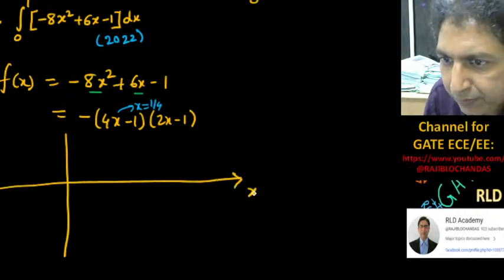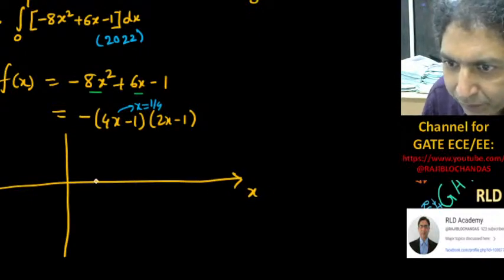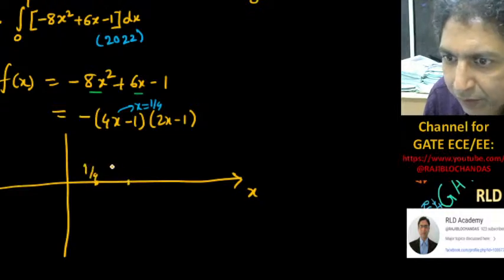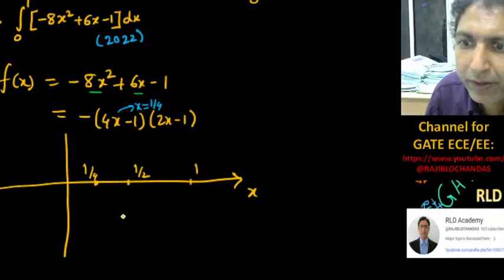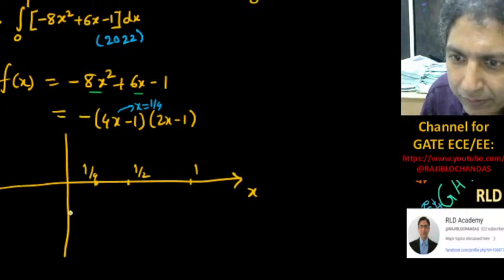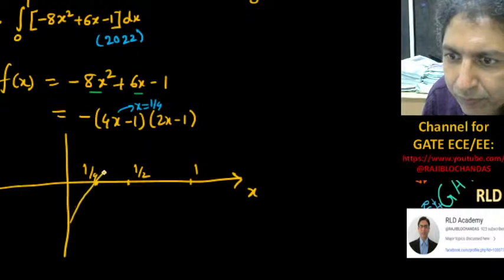This is your x, and I have 3 points: 1/4, this is half, and this is 1. And I have one parabola like this.